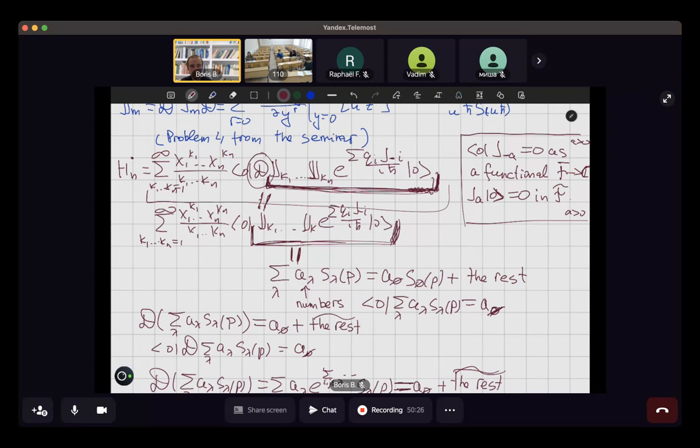Что такое вот этот оператор zk d по dzk на самом деле? You see that the difference between what we obtain and what we have in the theorem is that we have here this zi d over dzi, and here we have just i. But in fact, what is zi d over dzi? It's just a multiplication by i.